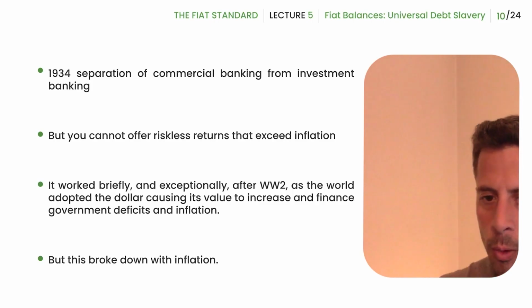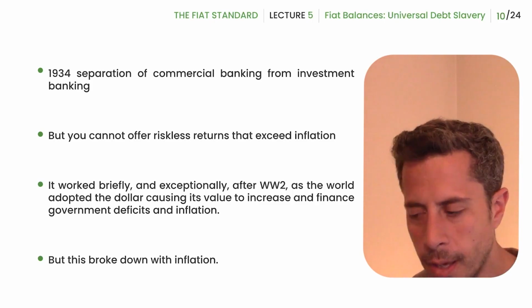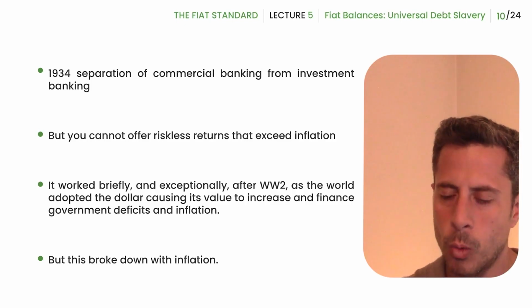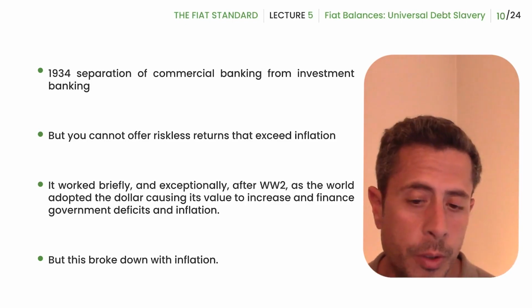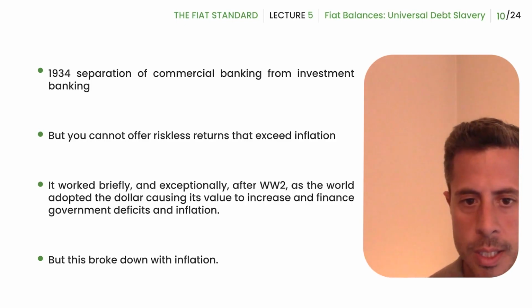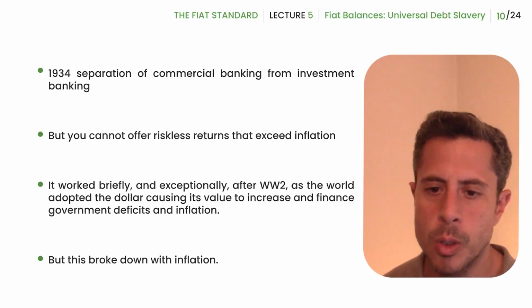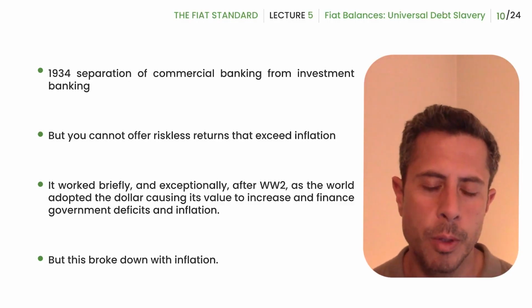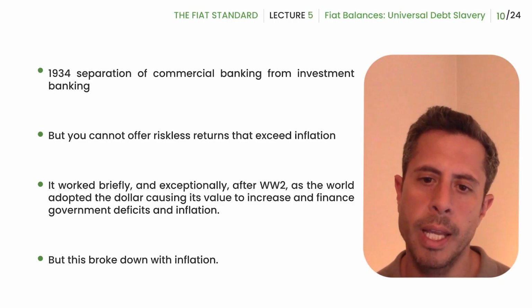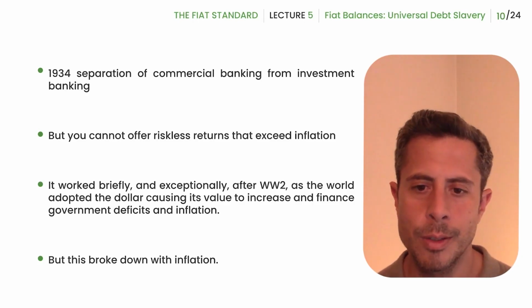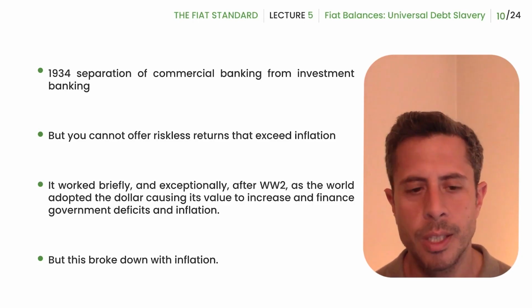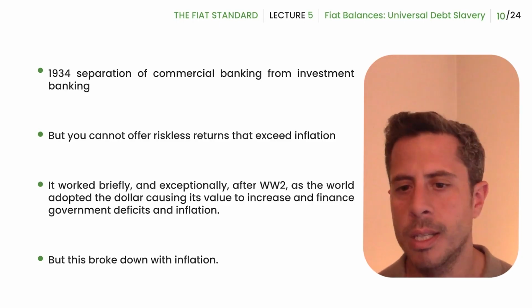The person is holding the carrot in front of the donkey, and no matter how much the donkey walks, the carrot keeps going further ahead. And so this idea of just doing inflation with banking to finance savings interest rates that beat inflation is obviously nonsensical and it can't work.